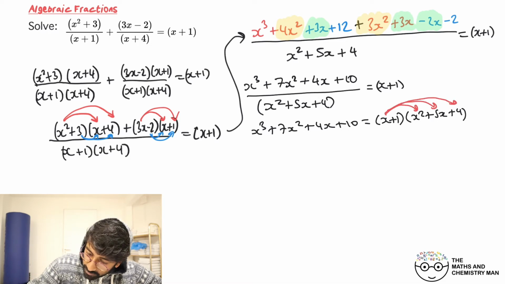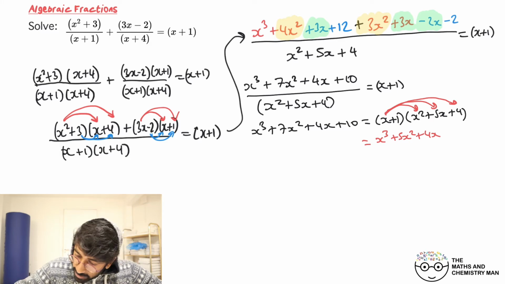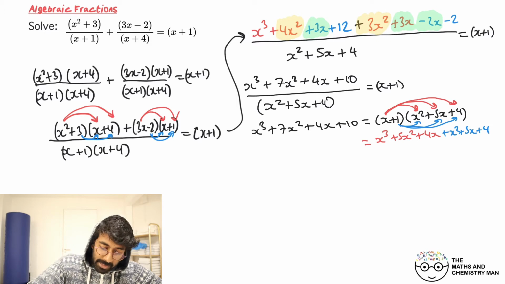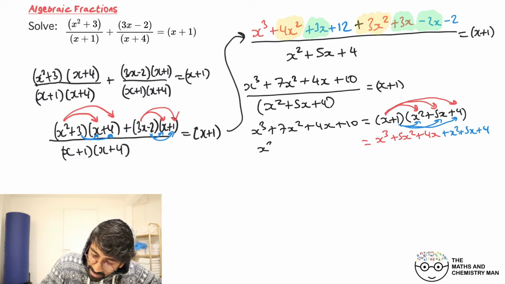So on this side, what are we going to get? x cubed plus 5x squared plus 4x. Now we'll switch colors, get the blue again, and then 1 times x squared, 1 times 5x, and 1 times 4. So we have x squared plus 5x and plus 4. There we go. And the left-hand side there is just remaining exactly the same, 4x plus 10.